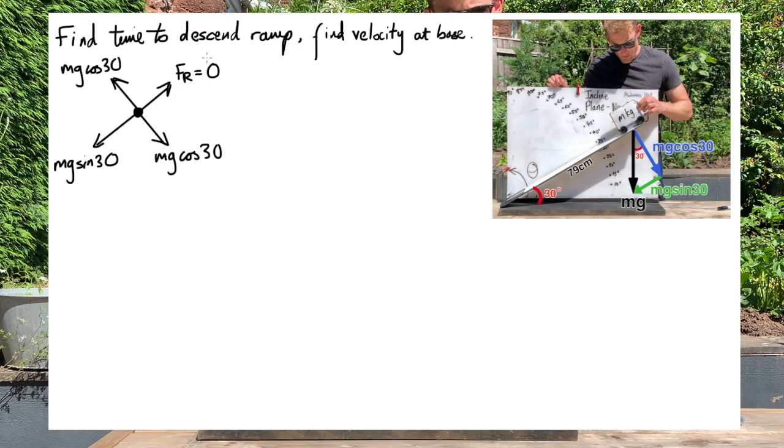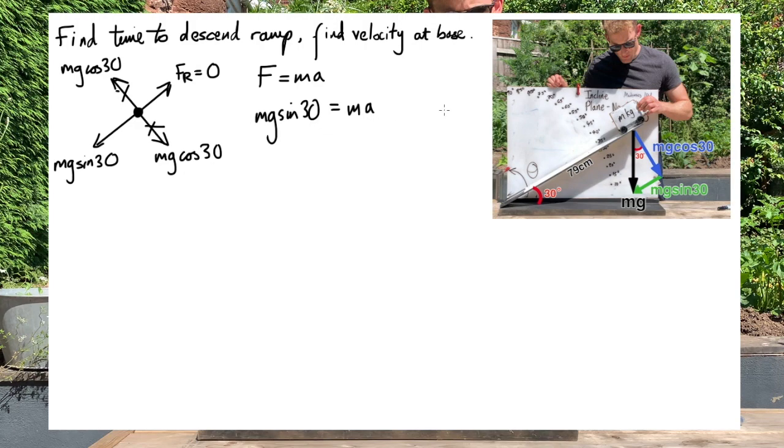Okay, so we're only interested in the force down the plane, so we don't need to worry about these two for this question. So if we start with F equals ma, our force down the slope is mg sine 30, and this equals our mass times acceleration.